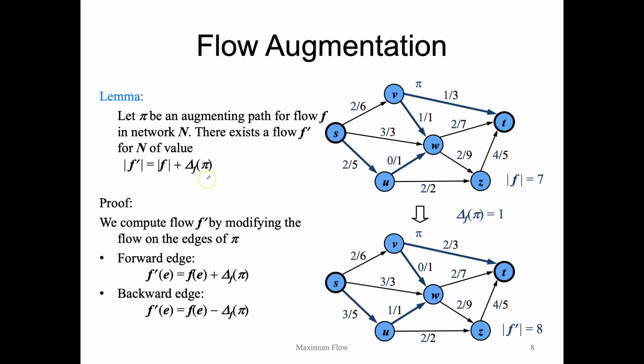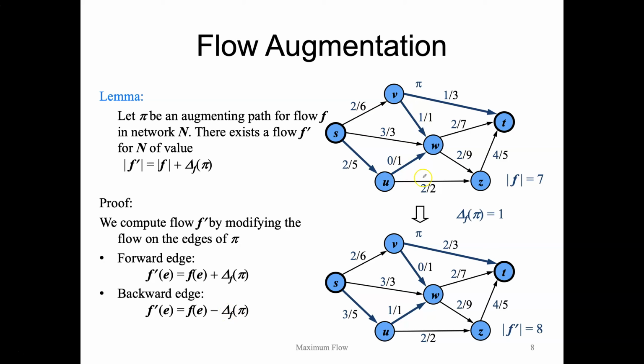Then there is a flow for that network which can be increased by the residual capacity of that path. This is accomplished by, along forward edges of that path, increasing the flow by this residual capacity, and along backward edges, decreasing the flow by that residual capacity.